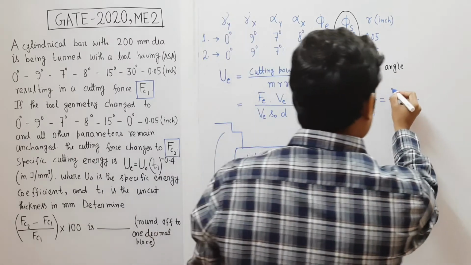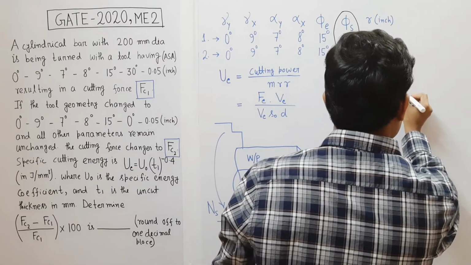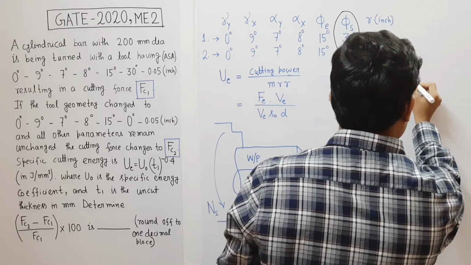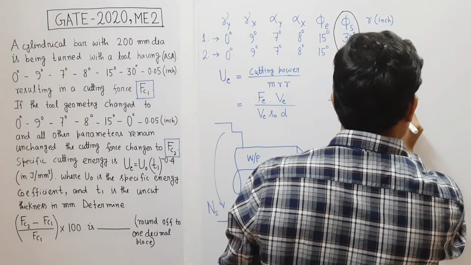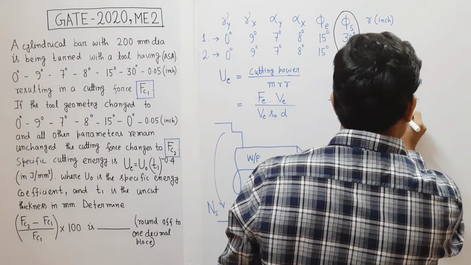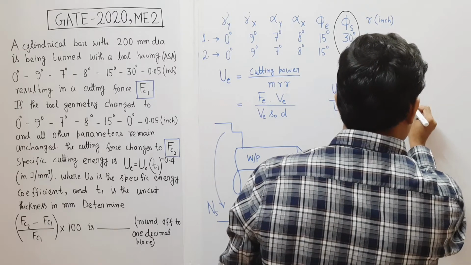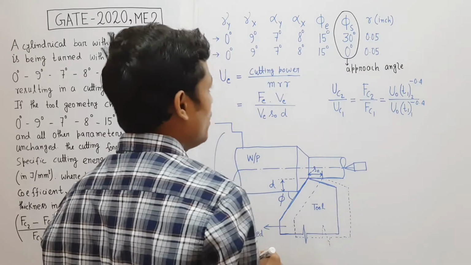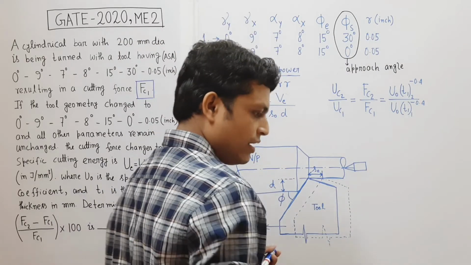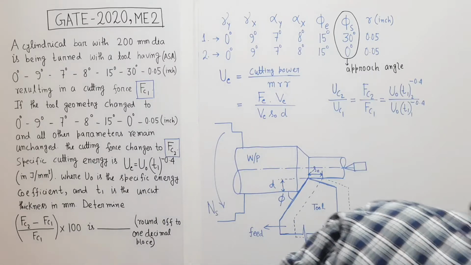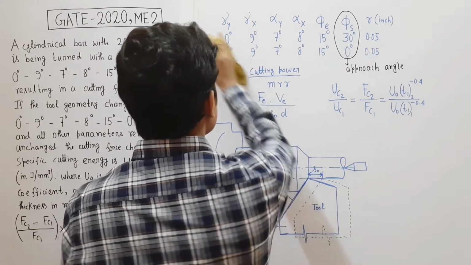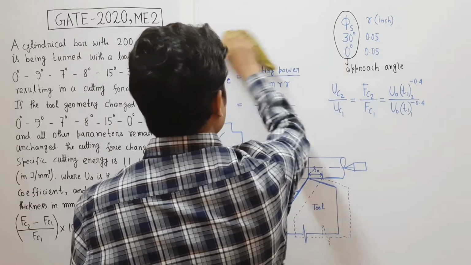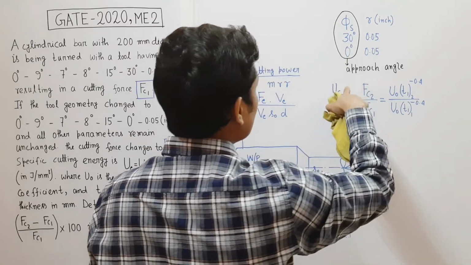So we can write U0 T1 2 to the power 0.4 and U0 T1 1 to the power minus 0.4. So ultimately we get what? Let me erase these things because these are not relevant. So the only difference between the two tools is the approach angle.